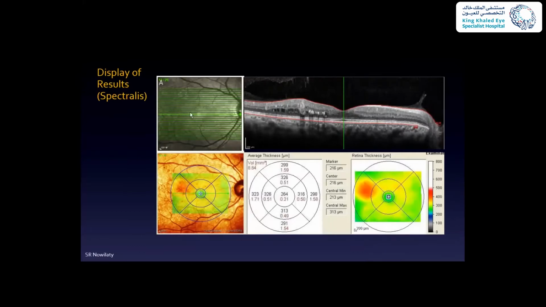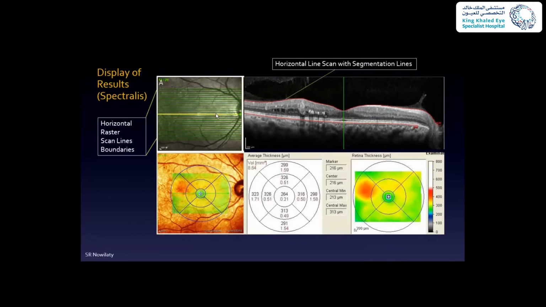So let's go through this. This is what the generated output will look like. The first thing is you've got the SLO image, and then you've got the horizontal line scan with the boundaries clearly delimited. This is the upper boundary, and this is the lower boundary of this 6 millimeter cube. And then you're going to see that it has an arrow, with an arrow tail and an arrow head, telling you that the scan went this way.